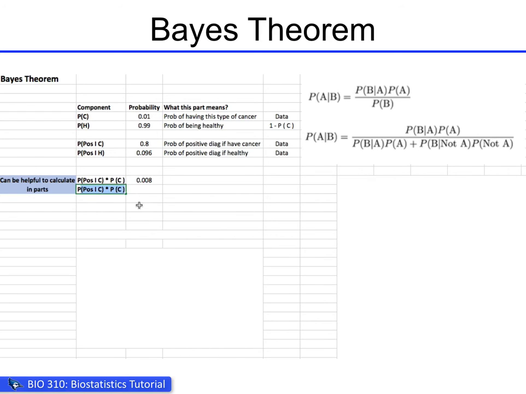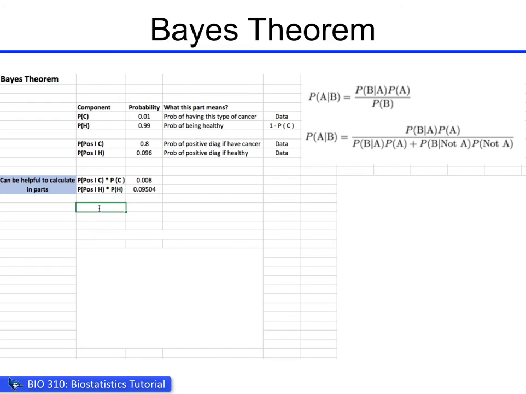And then the other component that we need here is the probability of receiving a positive diagnosis when you are actually healthy times the probability of being healthy. So again, this is equal to this component multiplied by this component. Okay.